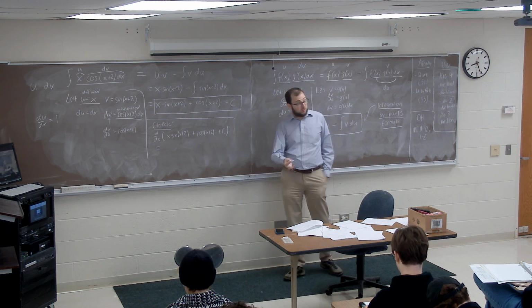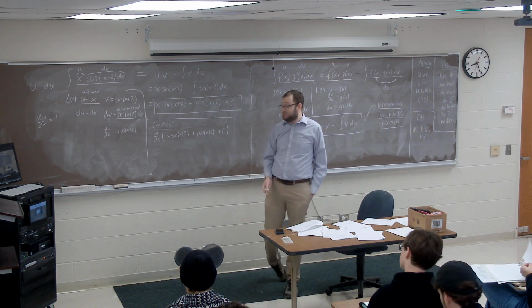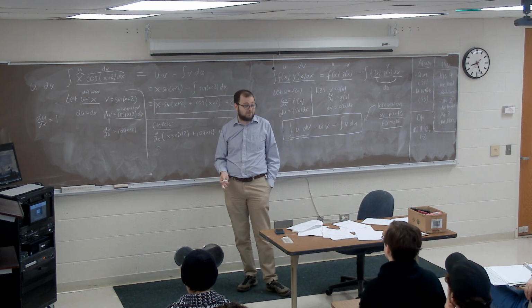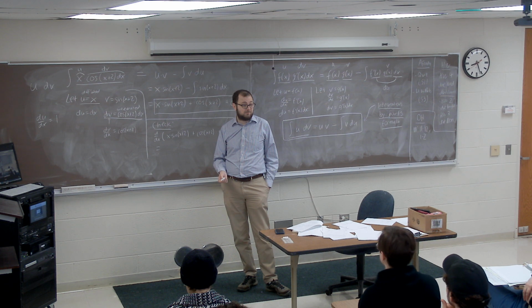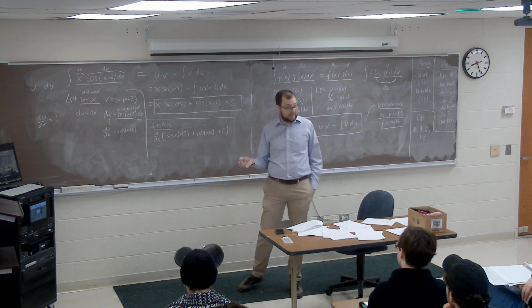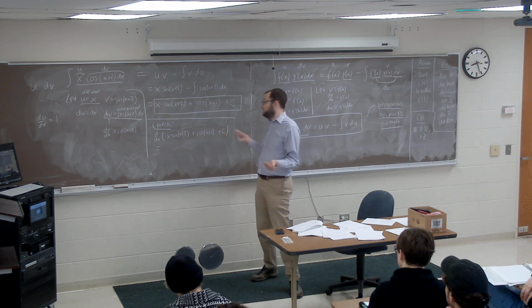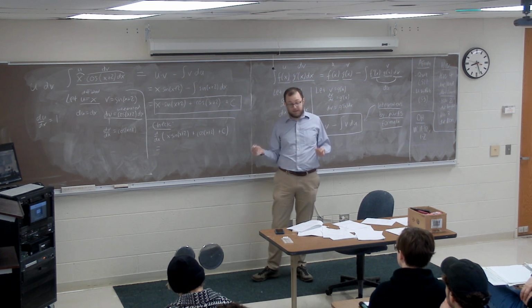Phoebe, what rule would we need to use in order to differentiate x times sine of x plus 2? The product rule. Yeah, that looks like we're going to need a product rule. We have an x piece and a sine piece, so we would have to do a product rule to differentiate that.